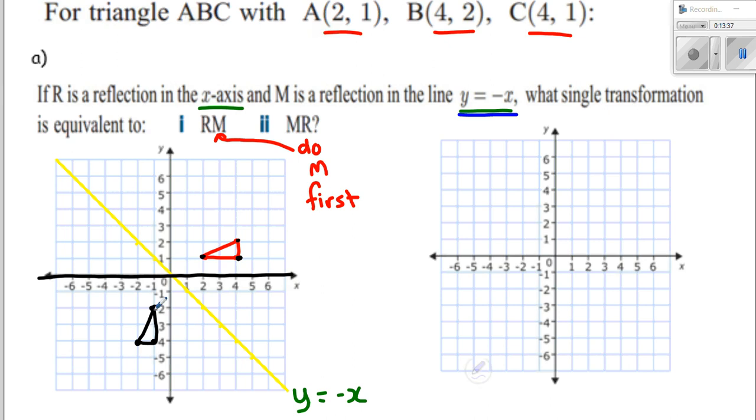I'm unfortunately on this board not able to select different colours at the moment, so I just have to go with that. Reflecting across there, this little point here will be 2 units above the x-axis, just there. This little point here will be 4 units above the x-axis, just here. And this little point here will instead be 4 units above negative 2. So just there.